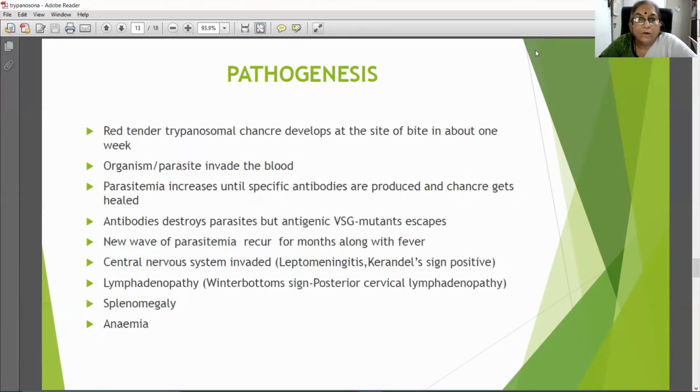So a new wave of parasitemia will occur with this mutant VSG, and the fever will go on continuing for months together.